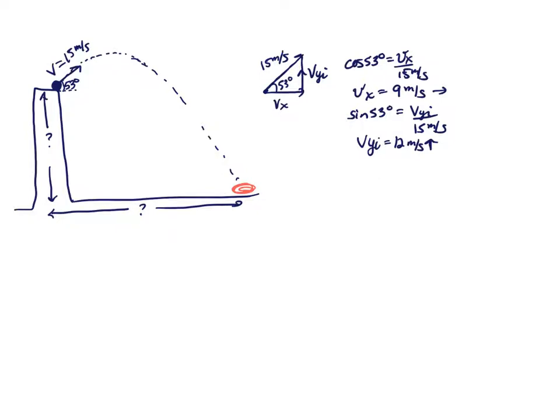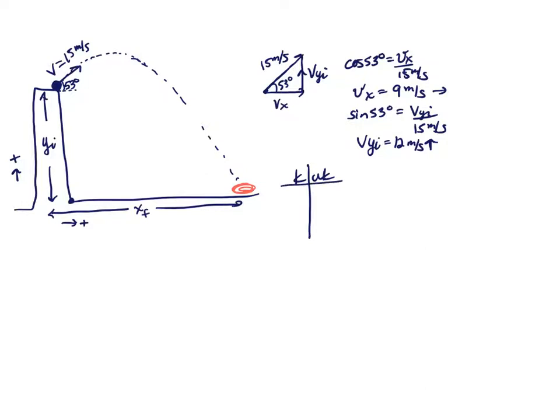And just like the last problem, I'm putting 0, 0 down here, and positive is to the right, and positive is going to be up. Okay, so we want to figure out the y initial, so the initial point here, and we want to figure out the x final, how far away this target should be placed. All right, so let's do our little charts again, known and unknown for the x direction.